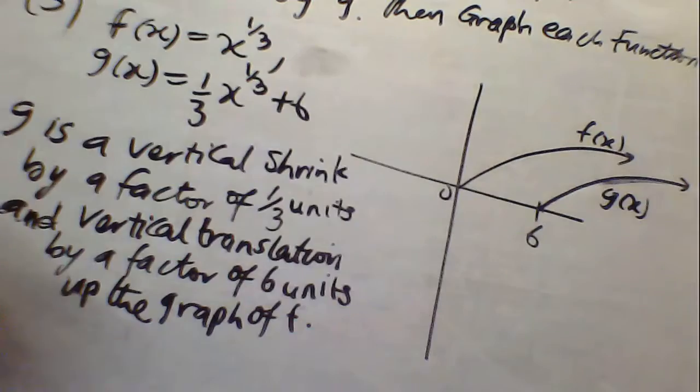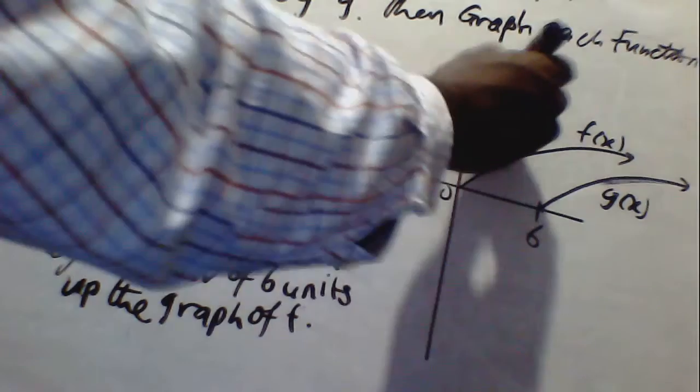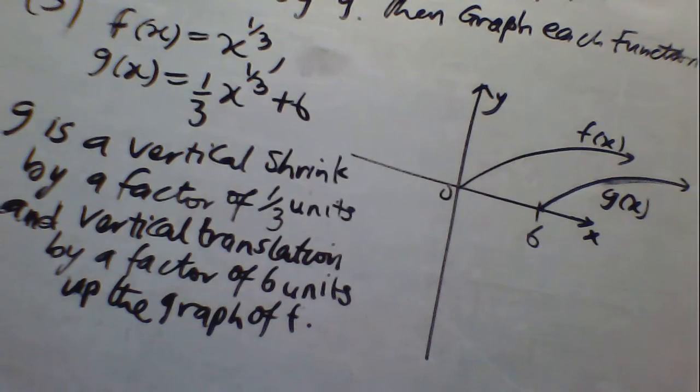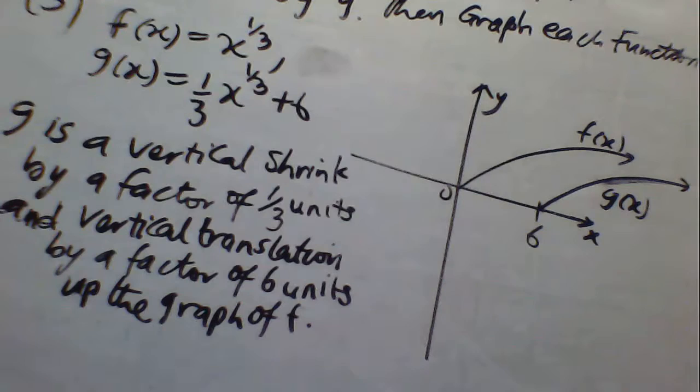So g of x, this is how it's going to look. This is the parent and this is the g of x. No, this is not exact. This is for the square.